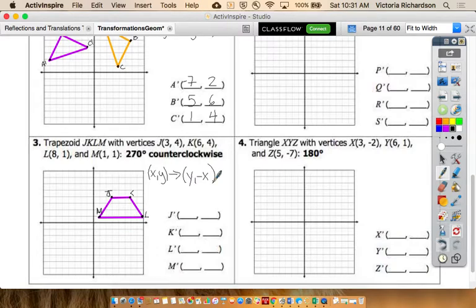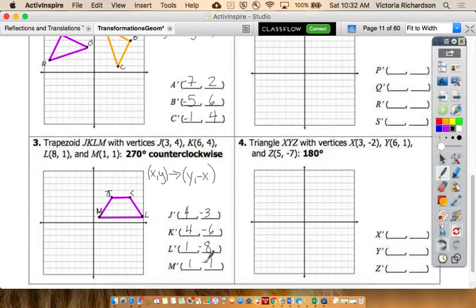So in the last problem, all the first numbers became negative. In this one, all the last numbers are going to change signs. So I start by swapping my X and Y. So I have 4, 3, 4, 6, 1, 8, and 1, 1. And since everything in the Y position is positive, I'm going to change every one to negative.